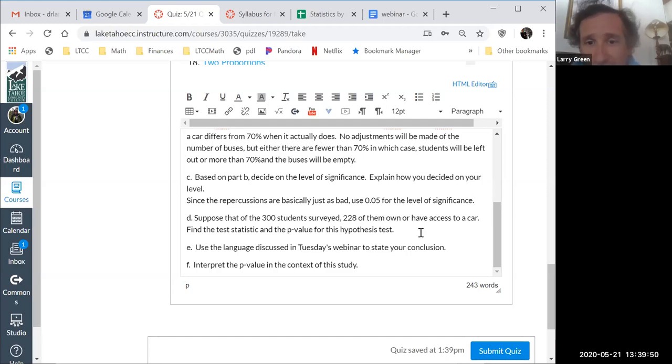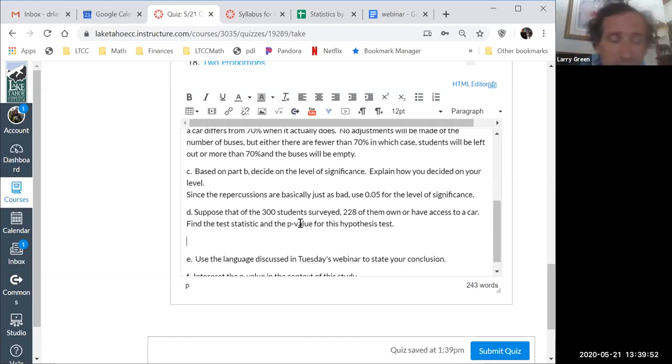Okay, now part D. Now I'm going to talk about the data. Suppose that of the 300 students surveyed, 228 of them own or have access to a car. Find the test statistic and the p-value. 228 of 300. And note that we have a 0.7 as our null hypothesis.